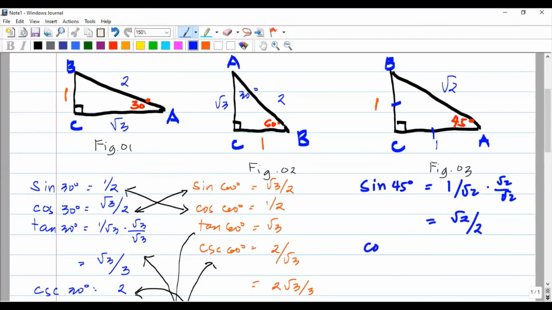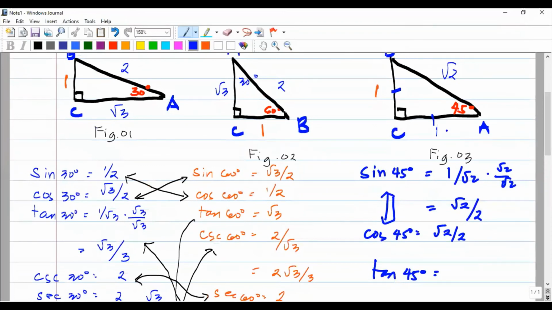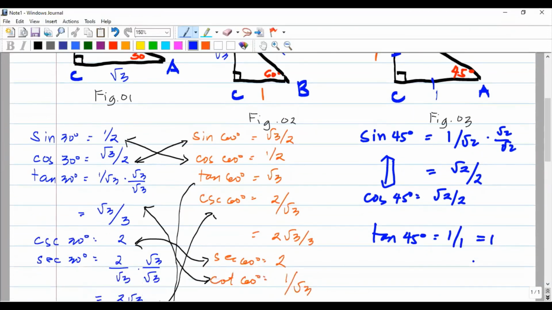Cosine 45 degrees is the same as the sine 45, square root of 2 over 2, since they are congruent. Next would be tangent. Tangent 45 degrees is opposite side over adjacent side, which is 1 over 1, which is equal to 1.